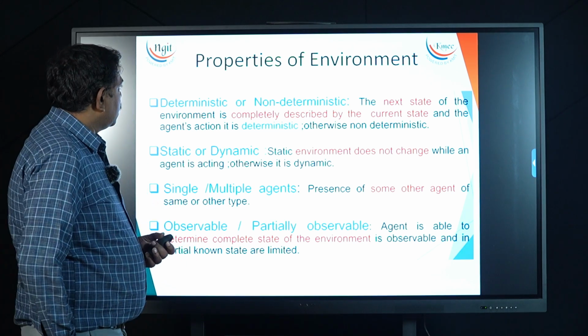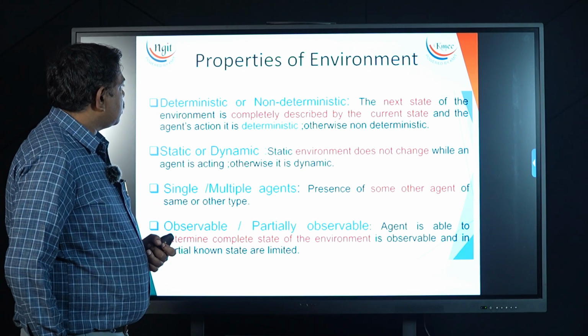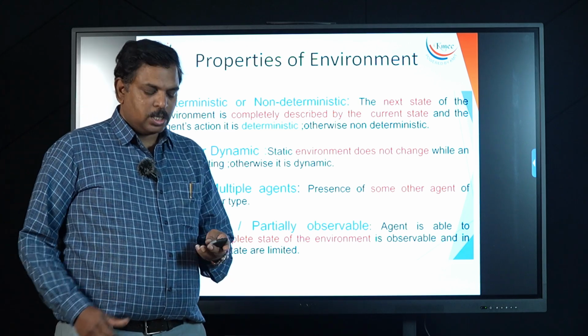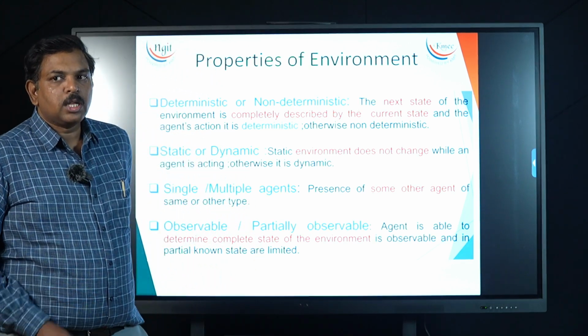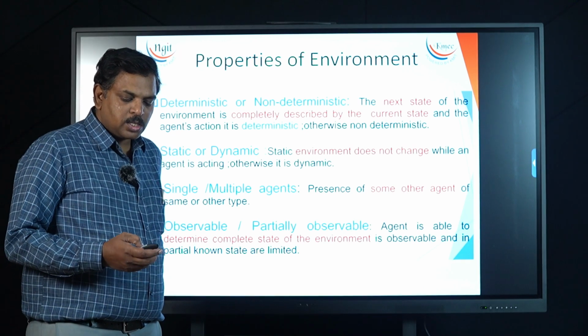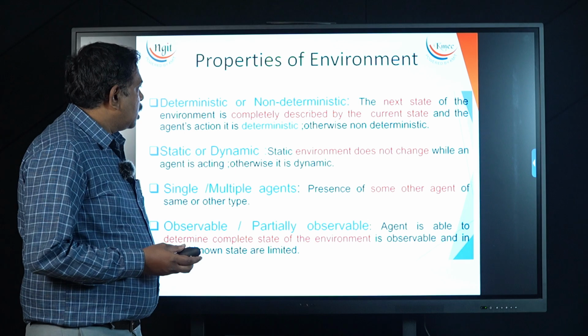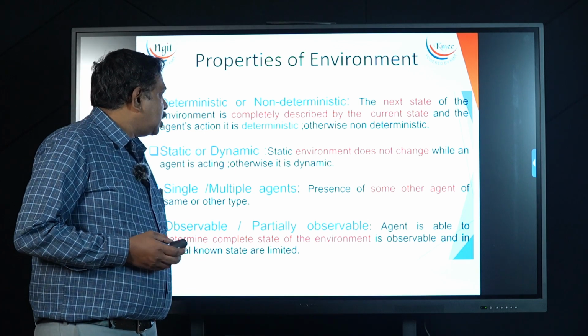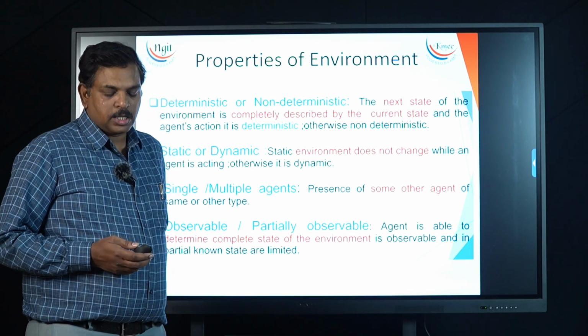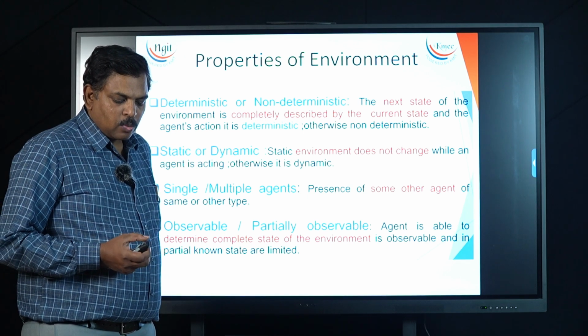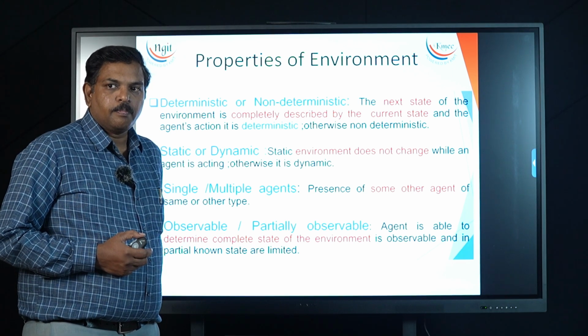First, an environment can be a deterministic environment or a non-deterministic environment. What are they? If an agent is working in a deterministic environment, it means the next state of the environment is completely described by the current state. Suppose an agent is playing a chess game.